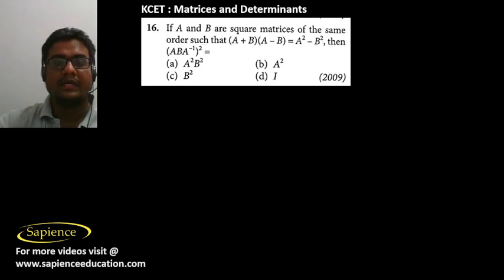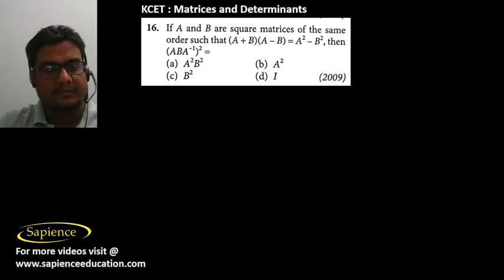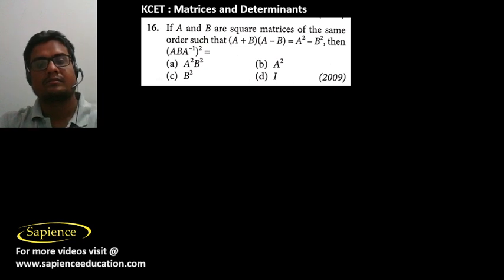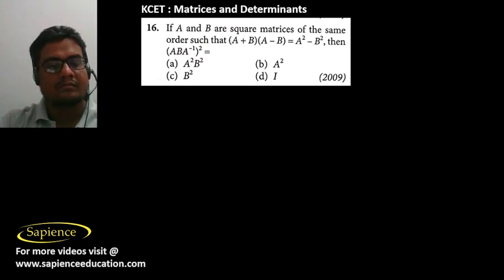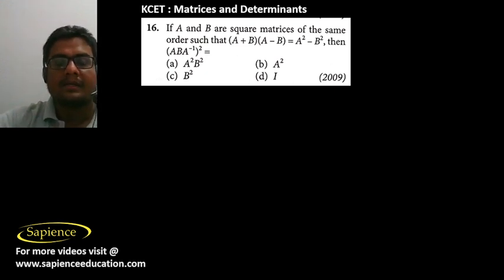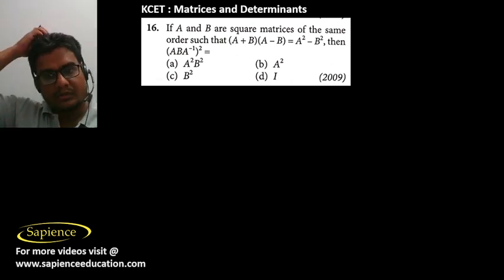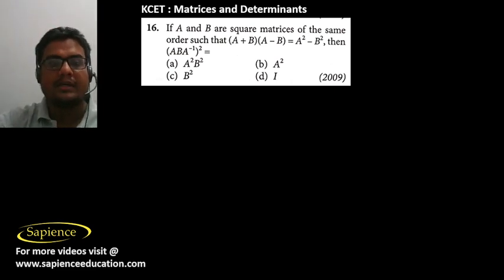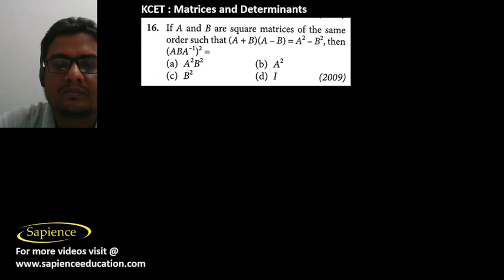Then in question number 16, it is told that if A and B are square matrices of the same order, such that (A plus B) into (A minus B) is equal to A square minus B square, then (AB A inverse) whole square is equal to.